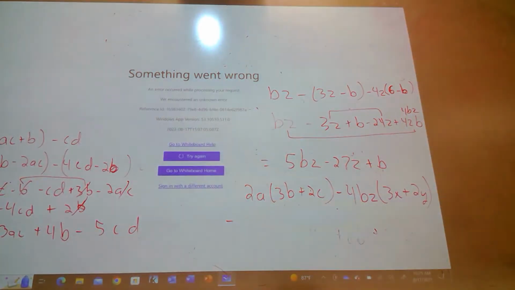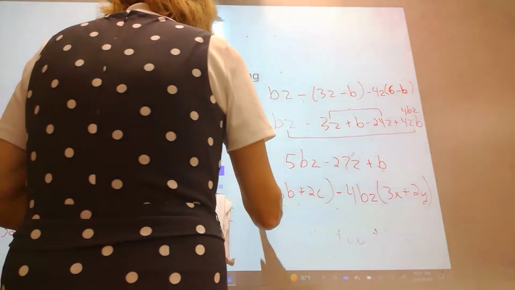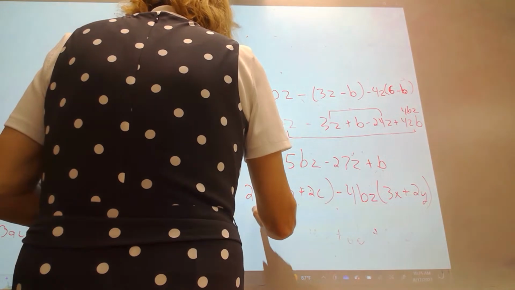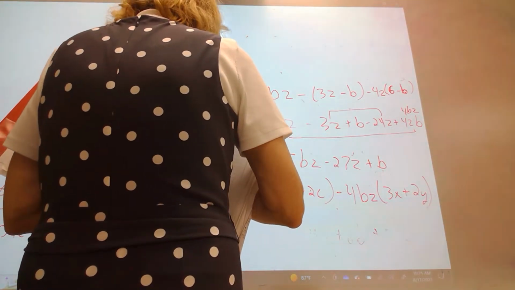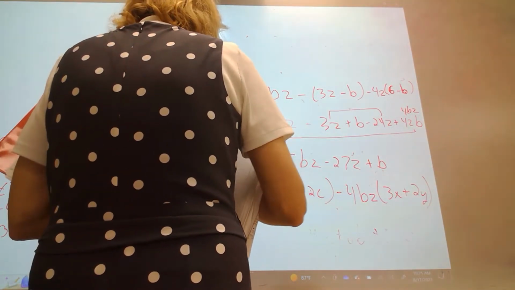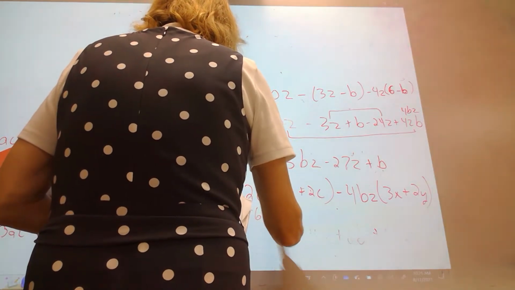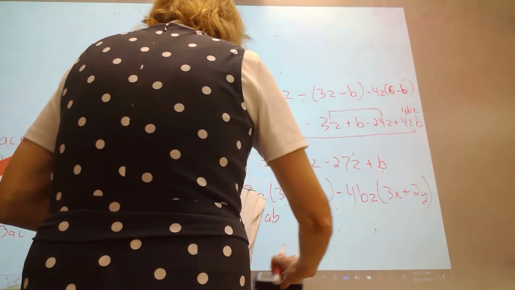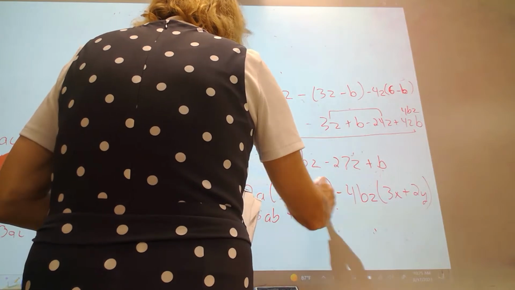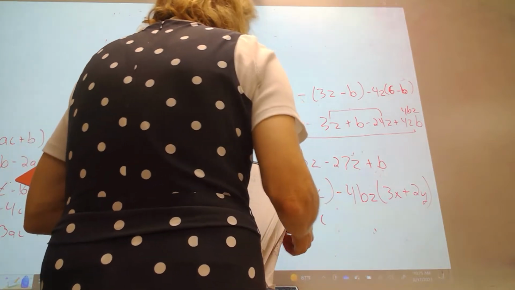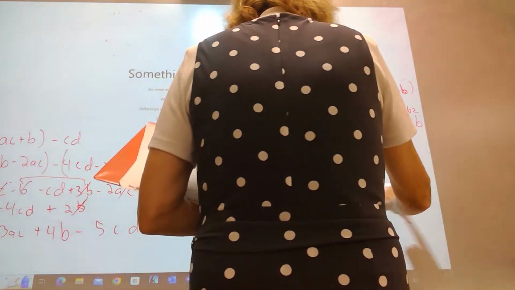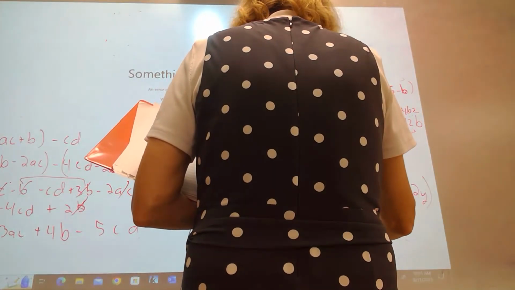Okay, so first we have 2a times 3b. We multiply the 2 times the 3, we get 6. We multiply the a times b, we get ab. 2a times 2c, you multiply the 2 times the 2, you get 4. You multiply the a times the c, you get ac. So here we multiply the letters. Minus 4 times 3 is minus 12.